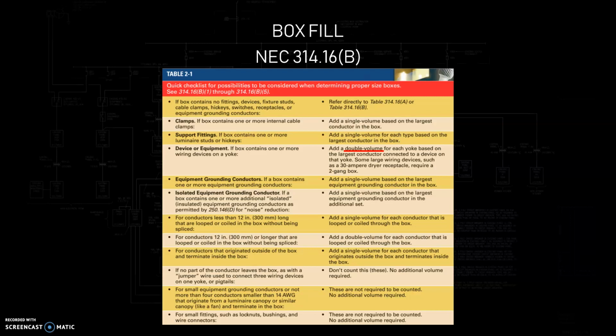Yoke just means the mounting piece that mounts it into a single gang box, or a single gang space in a box. So what's the largest conductor connected to the device? Count that twice. If a number 12 is the largest conductor, you're going to count 2 volume allowances for number 12. Again, more when we see the example here.